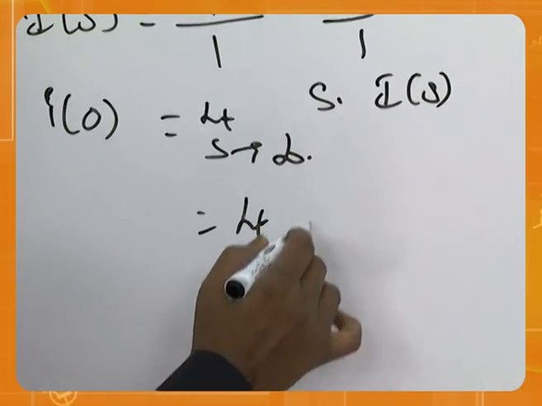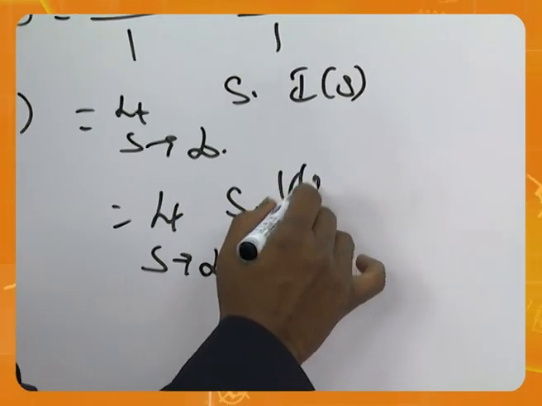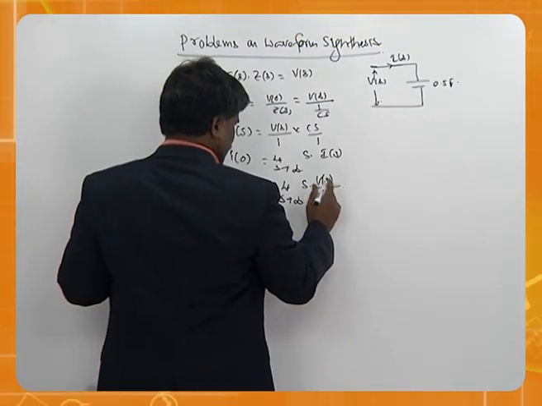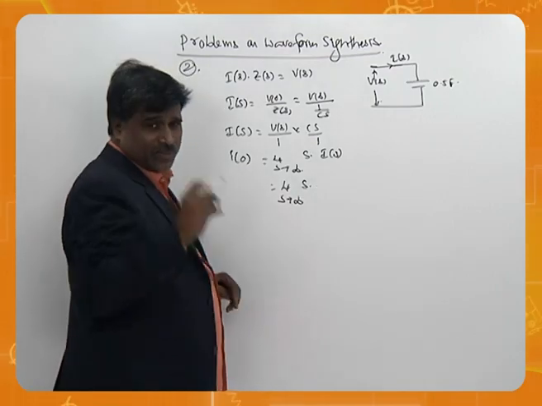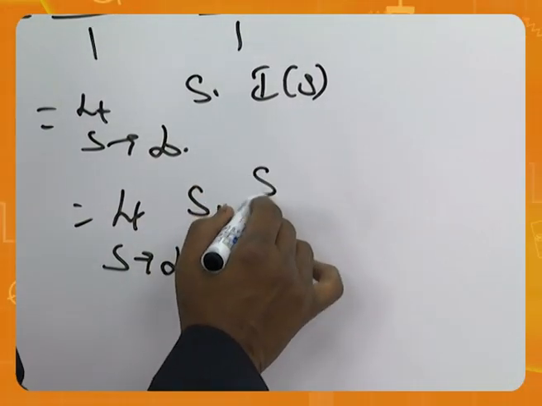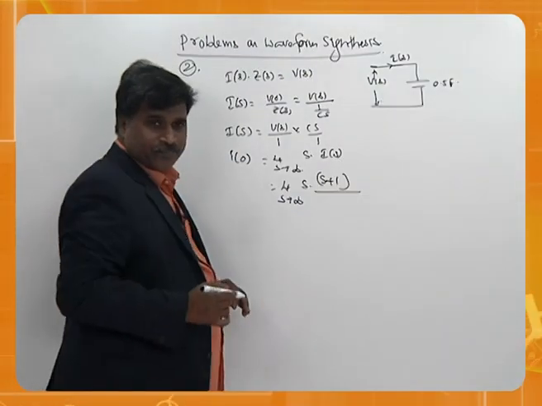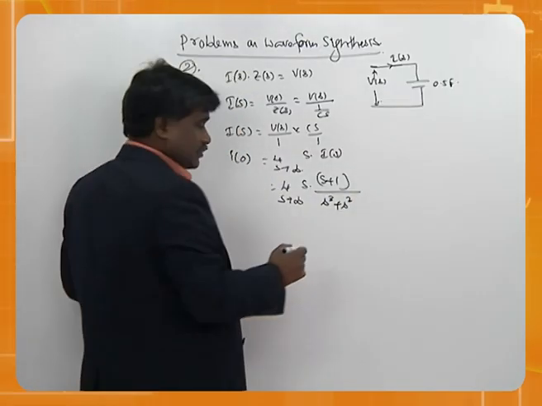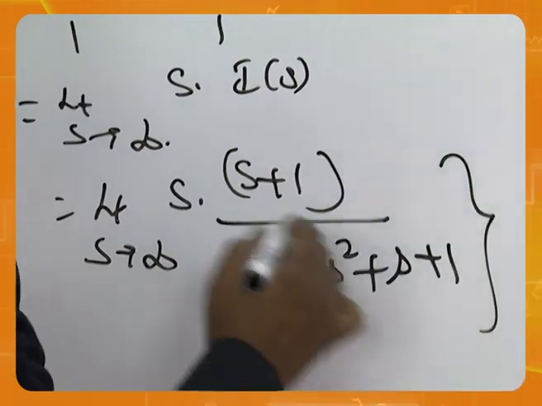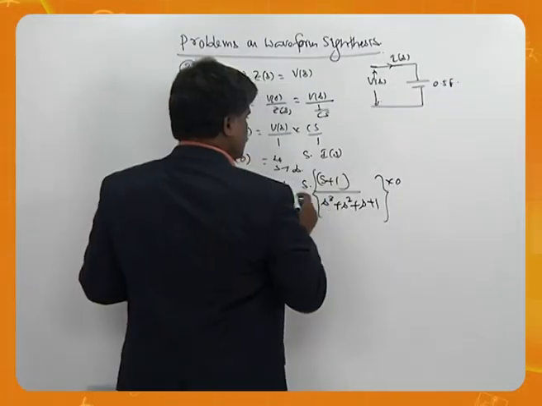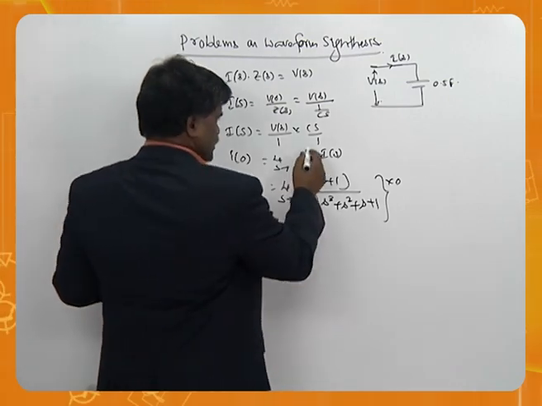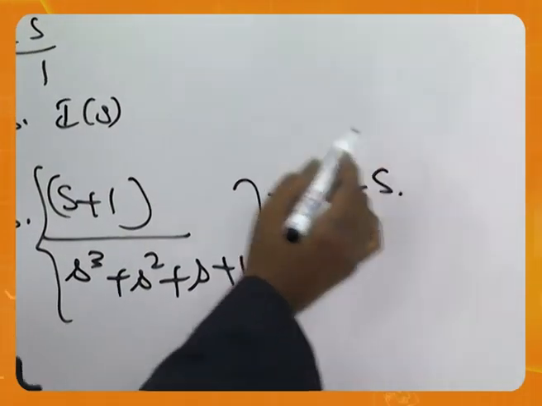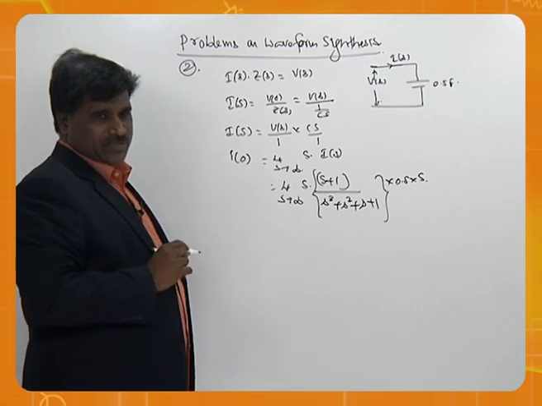That is limit s tends to infinity of s into V of s into Cs. What is V of s given in the problem? s plus 1 by s cube plus s square plus s plus 1, into C of s, 0.5 into s. Look at this.